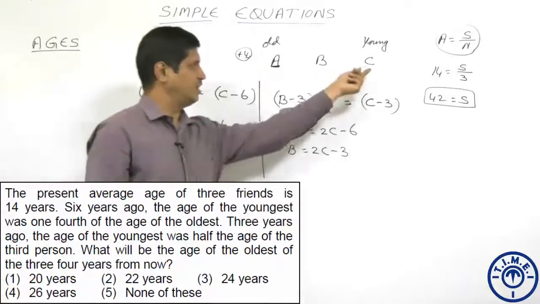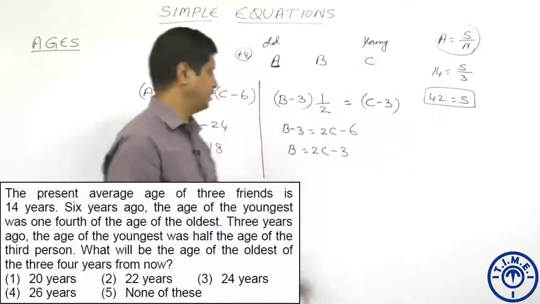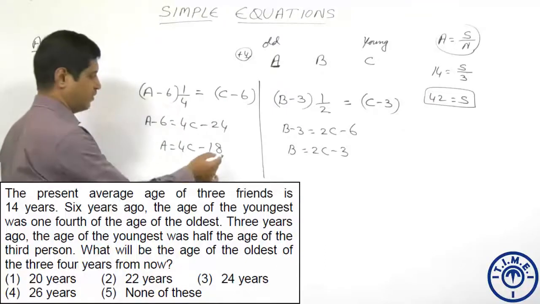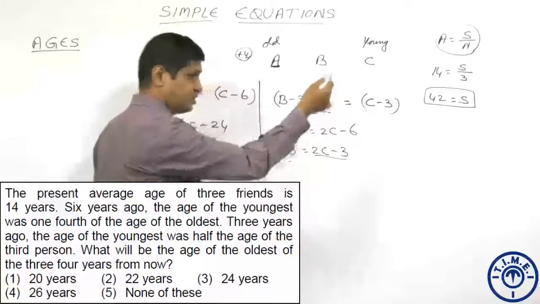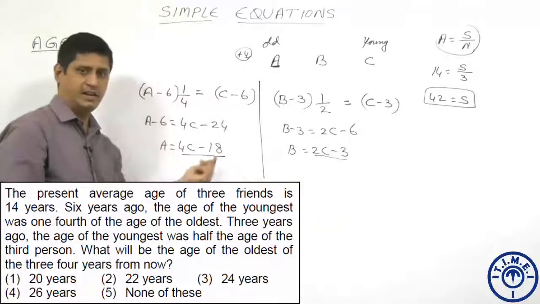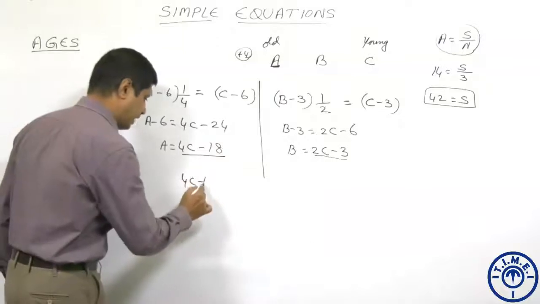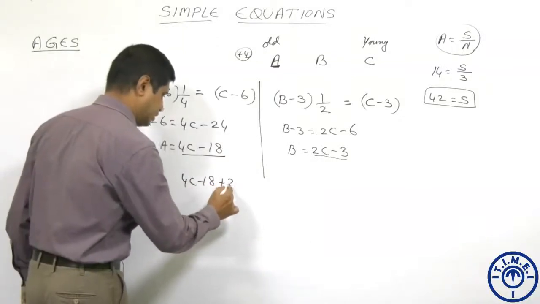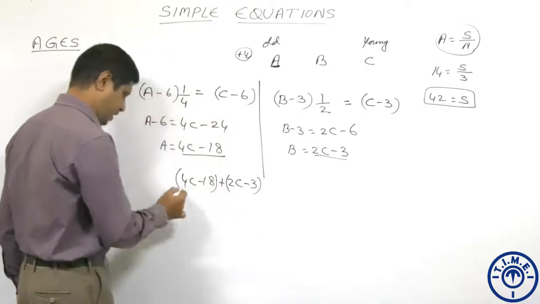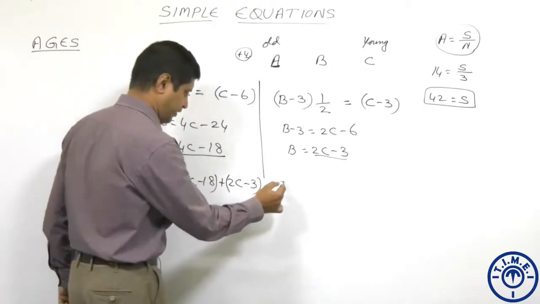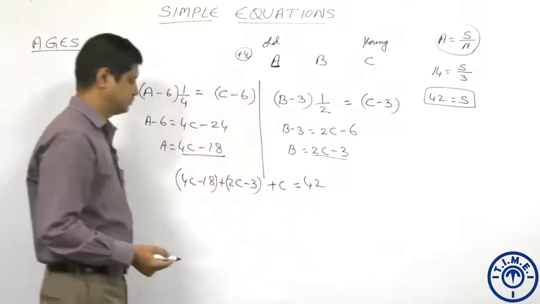The sum of these 3 values, A plus B plus C, is 42 years. The values of A and B are written in terms of C. So, 4C minus 18 plus 2C minus 3 is the value of A and B, and the value of C is C. The sum of all these values is 42.